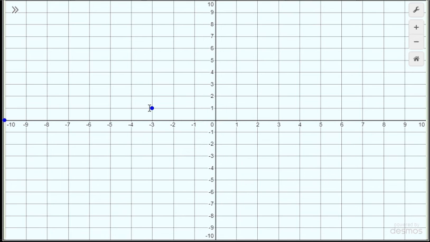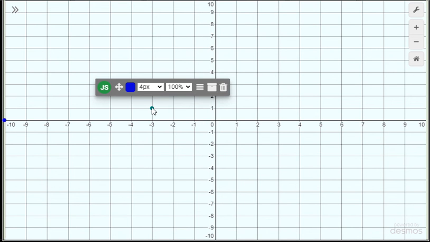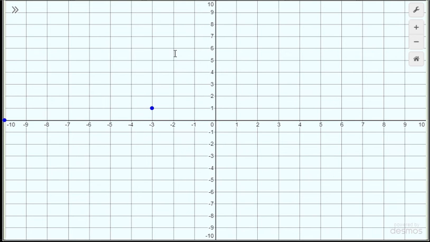So now this is the endpoint of my first function and the start of my second function. So I don't need this point, but I do need the next one, which is positive 3, 1. So I'll go and make another dot at positive 3, 1. So I know between here and here is another function, but I can't just connect the dots.